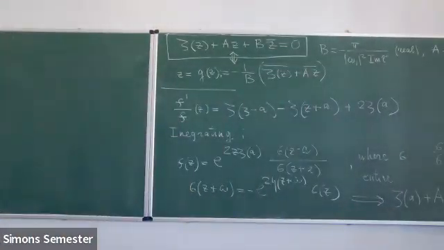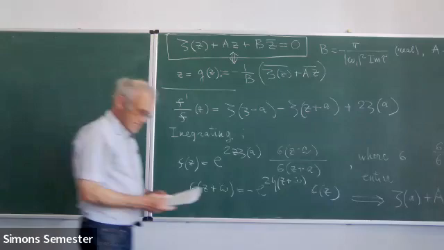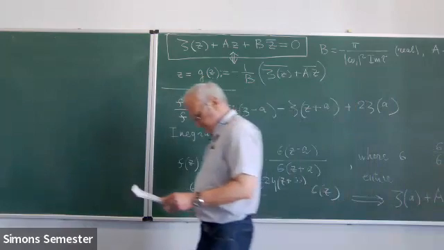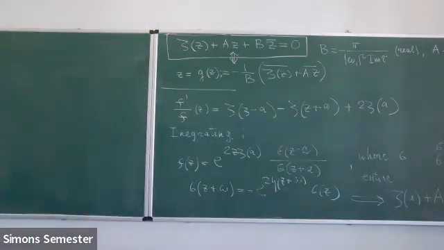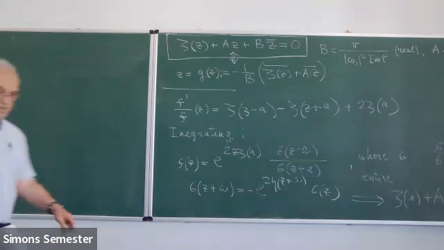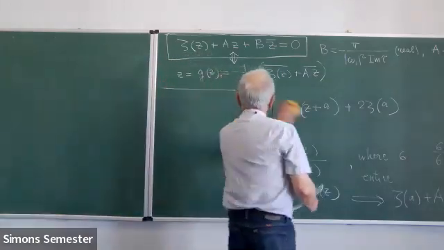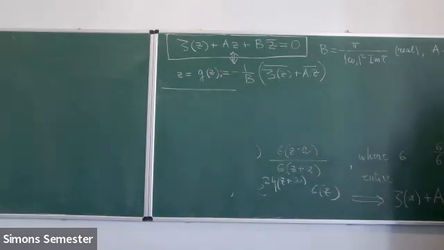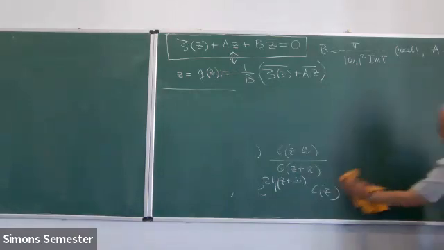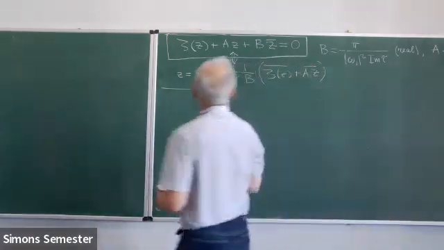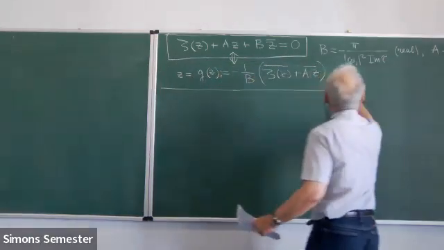So solution Z gives the same metric as solution minus Z. So now we are in the realm of anti-holomorphic dynamics.